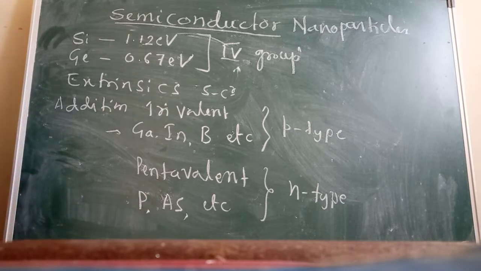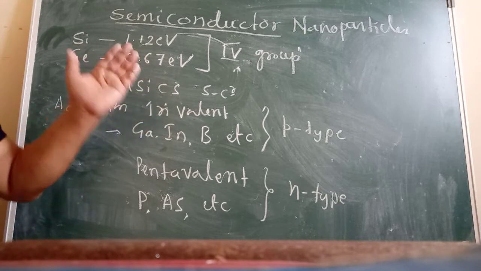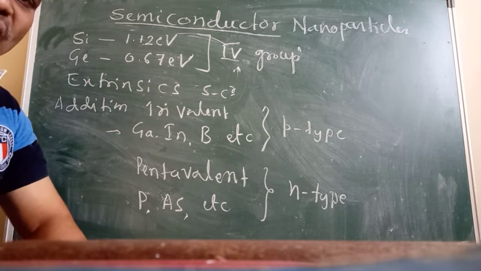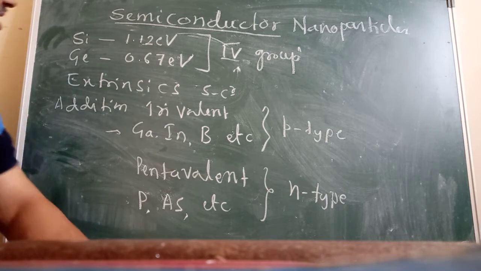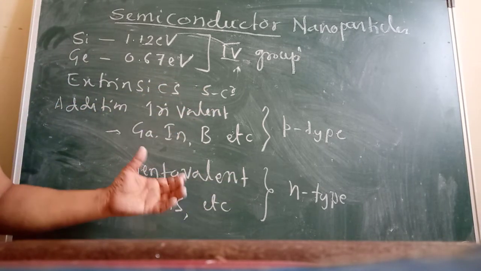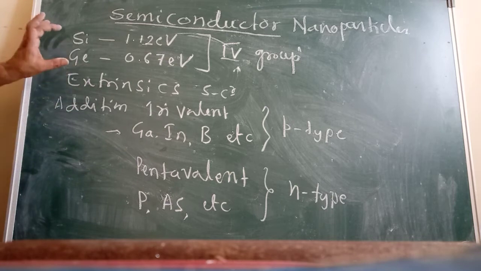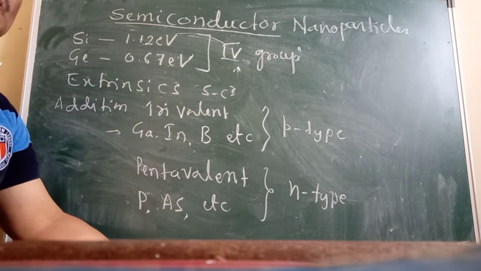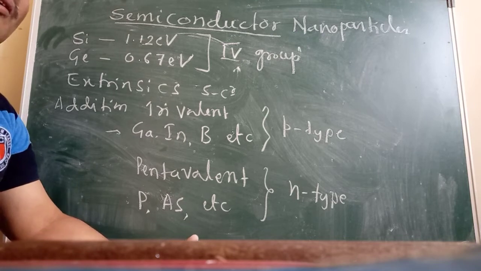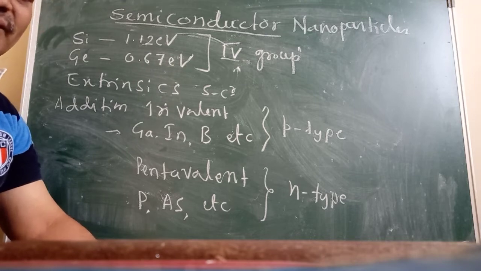This is how we classify intrinsic and extrinsic, p type and n type semiconductors. The whole electronic industry depends on extrinsic semiconductors, impurity-added silicon and germanium: transistors, diodes, rectifiers, filters and so on, used in electronic circuits.